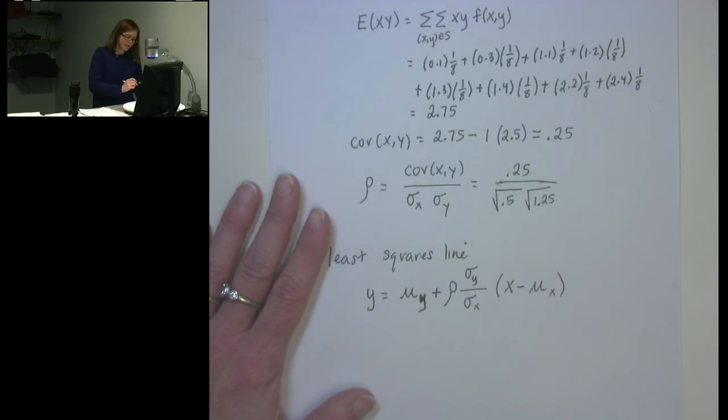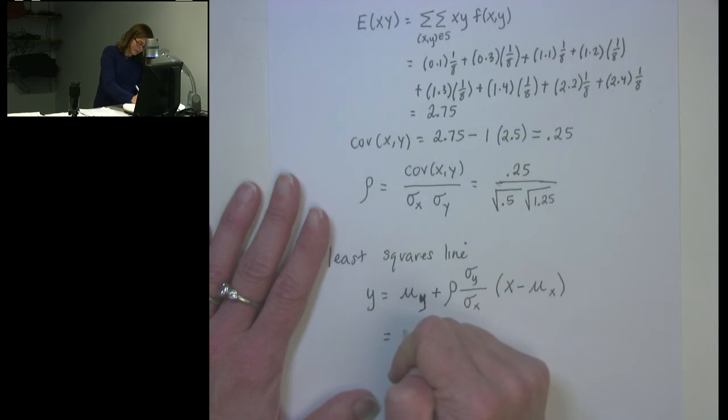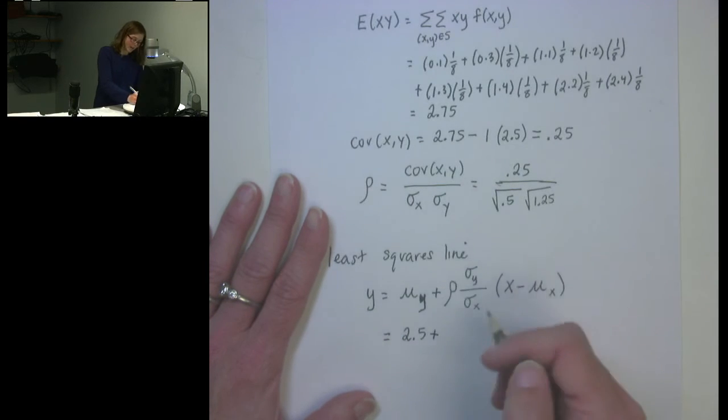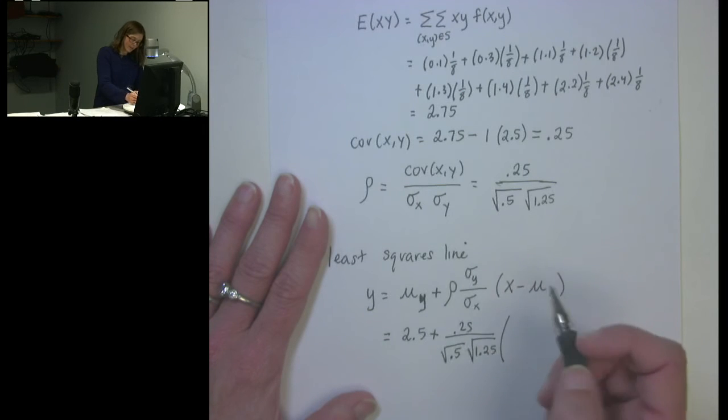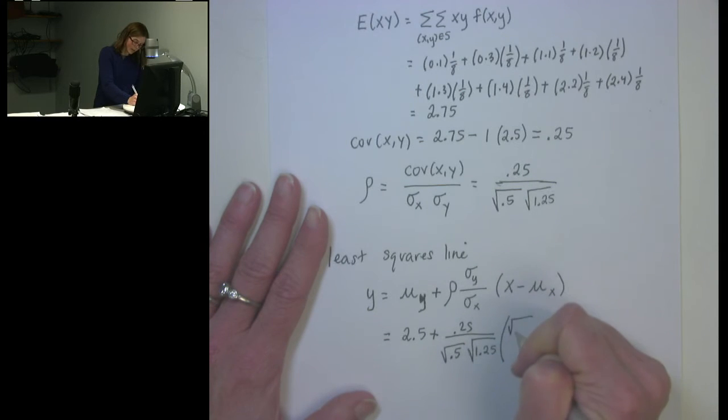Okay, so we've got our least squares line. We know the mean of y, we found earlier, was 2.5, plus our correlation is 0.25 divided by the square root of 0.5 times the square root of 1.25. Our standard deviation of y is the square root of 1.25.